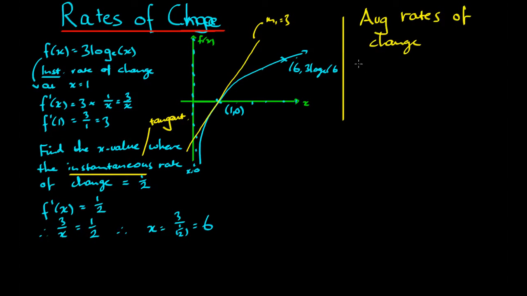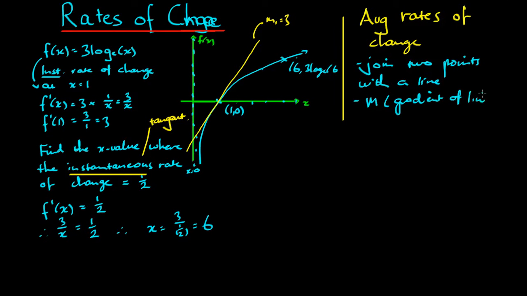What you do here is join 2 points with a line. Notice it's not a tangent. And then the gradient of the line is equal to the average rate of change between those 2 points.